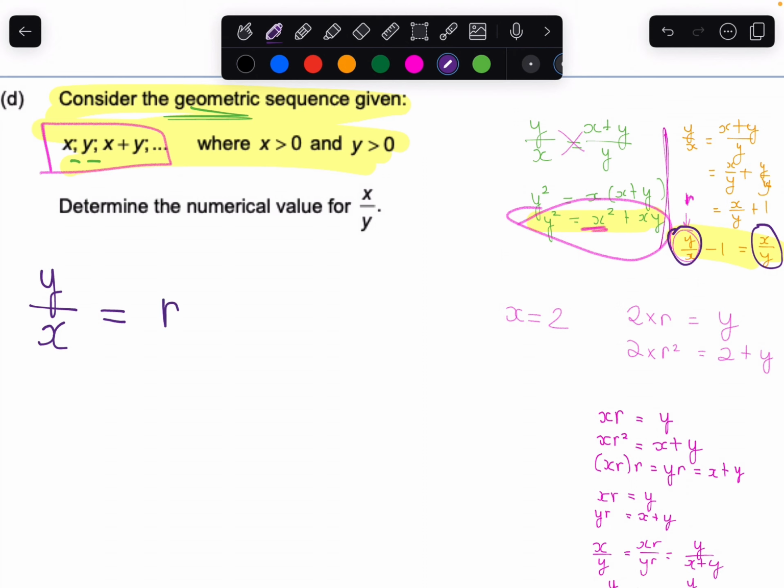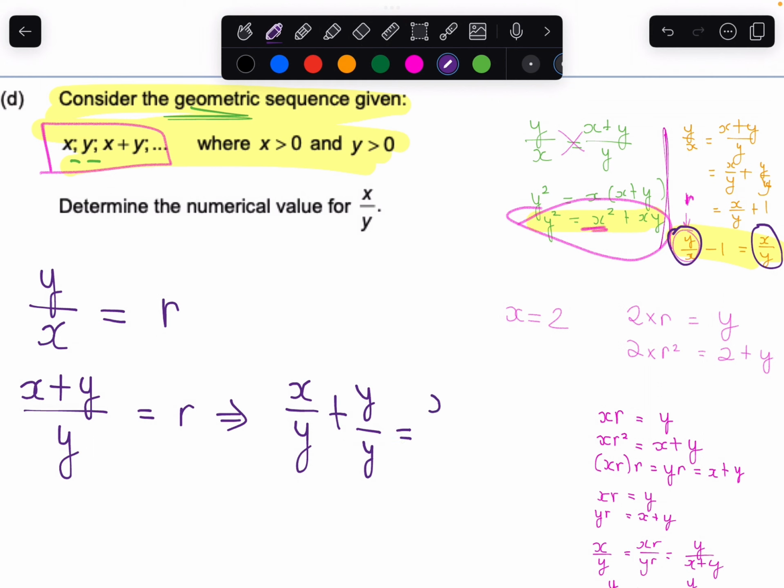Okay, so y over x is equal to r. We also know that x plus y over y is equal to r, which we can also just write as x over y plus y over y, which is x over y plus 1, right, is equal to r as well.